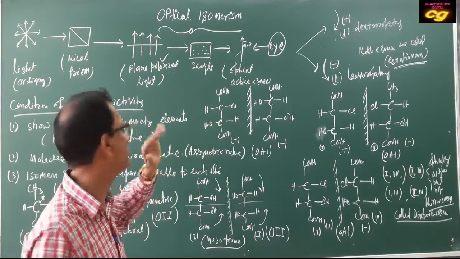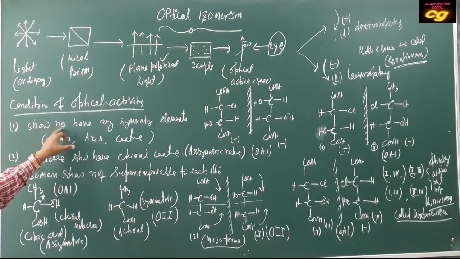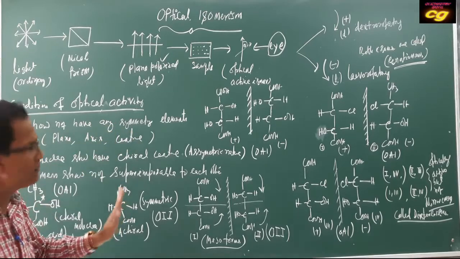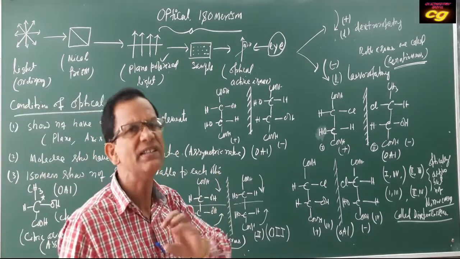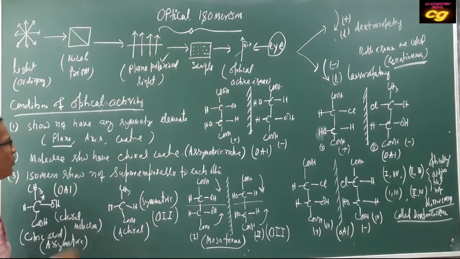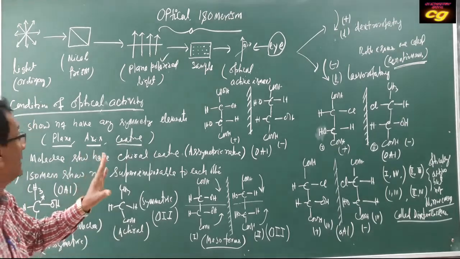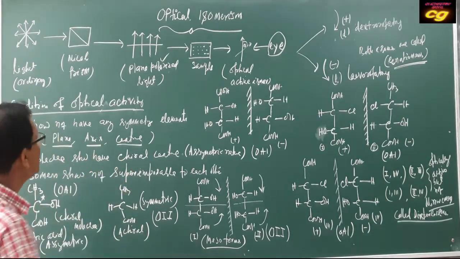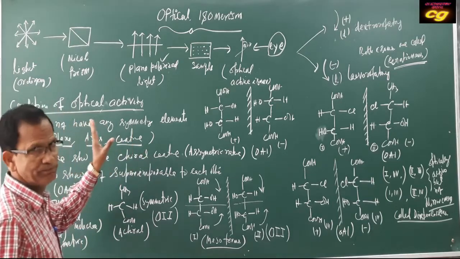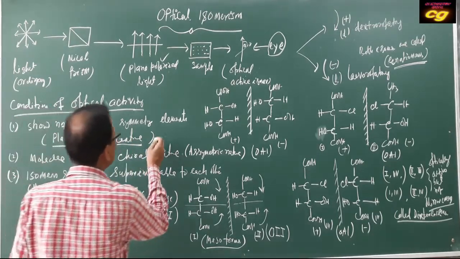The condition is that it should not have any symmetry element. Symmetry means there should be no plane of symmetry, no axis of symmetry, no center of symmetry. The molecule should be asymmetric.